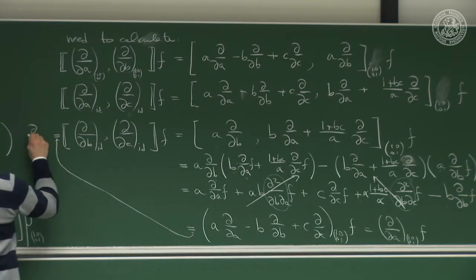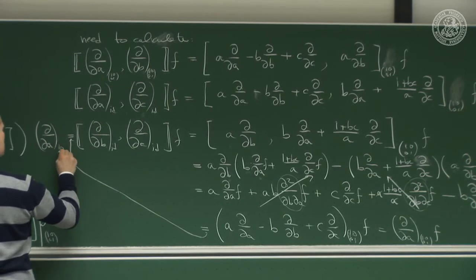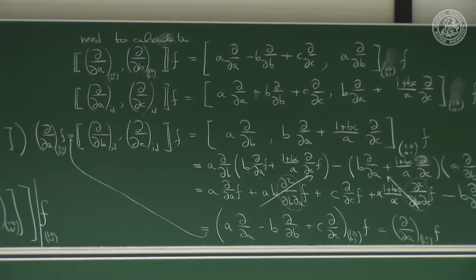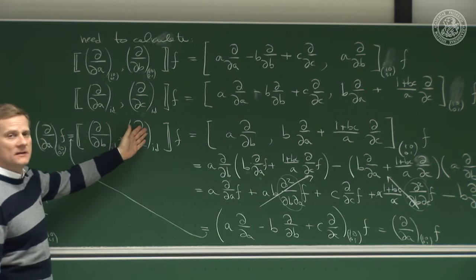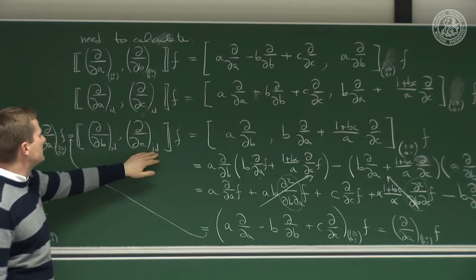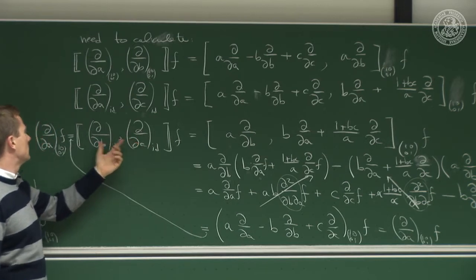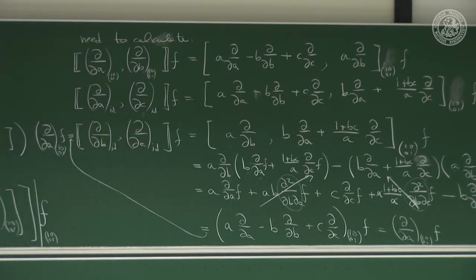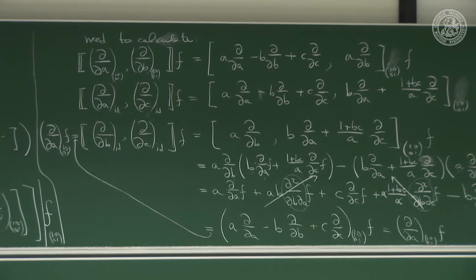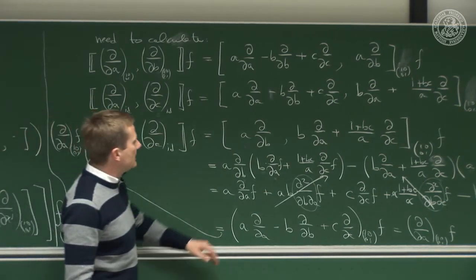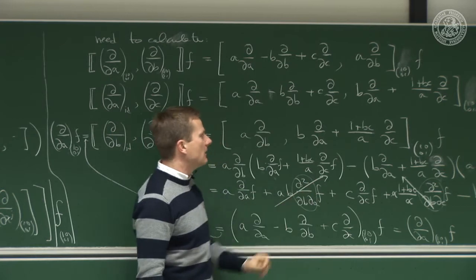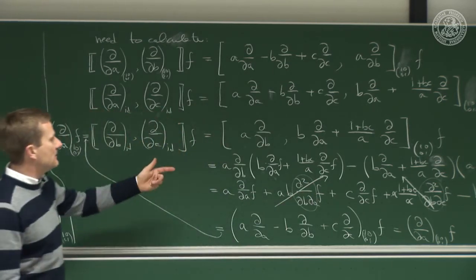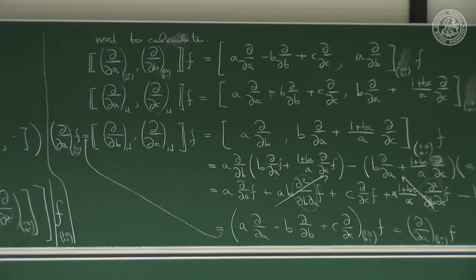This is simply d by dA at the identity acting on F. So if you forget about the F, because valid for any F, you have that the vector in direction B at the identity, the vector in the direction C at the identity, they have the Lie bracket that leads to the d by dA, to the first vector in this coordinate-induced basis at the identity. So this is how this calculation works.